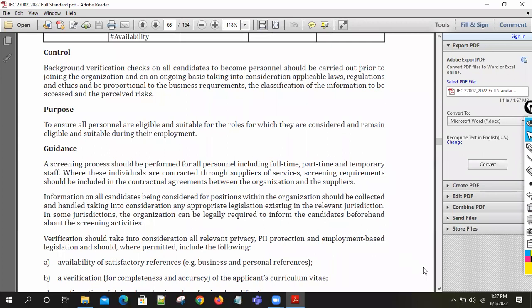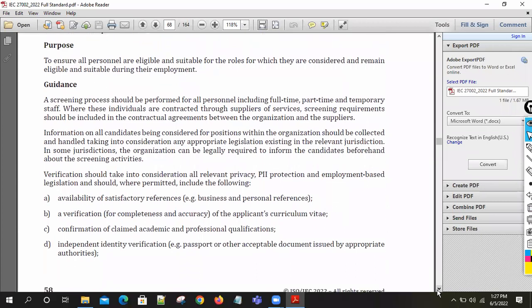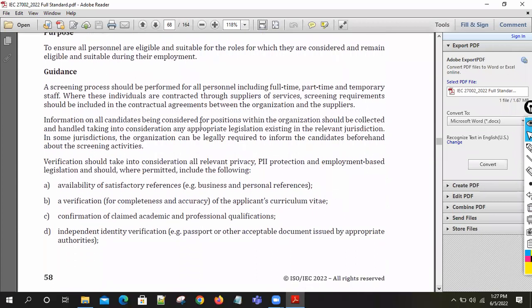Guidance has also been given on how you could implement these things. So we need to have a proper screening process within the organization. Verification should take into consideration the availability of satisfactory references. You need to take business and personal references, verification of completeness and accuracy of the CV.